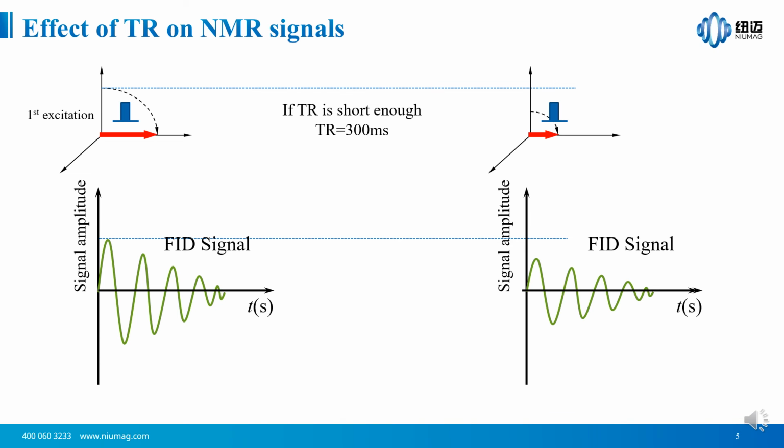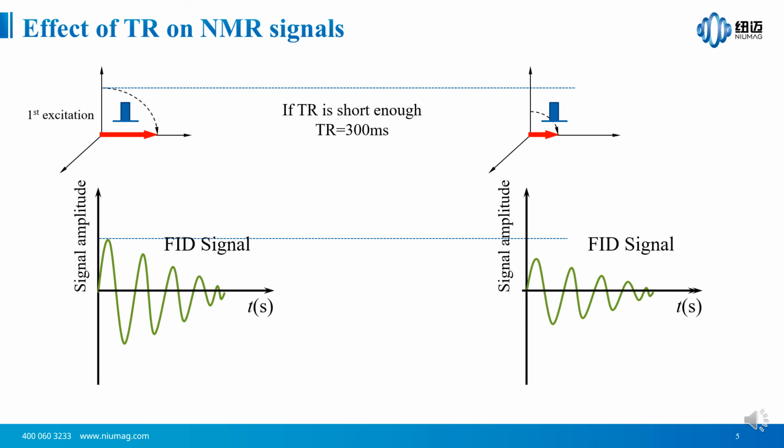Waiting for TR time again, the third pulse. The situation is similar. Mz is smaller than M0. After several pulses, Mz will reach a stable value, but Mz will always be smaller than M0, which means that the signal strength collected after the subsequent 90-degree pulses will always be smaller than the signal collected after the first pulse.